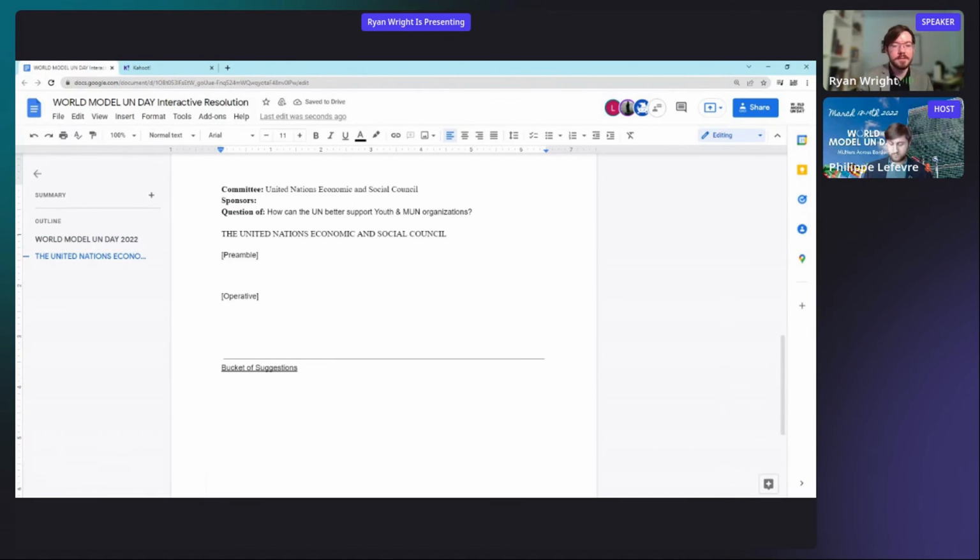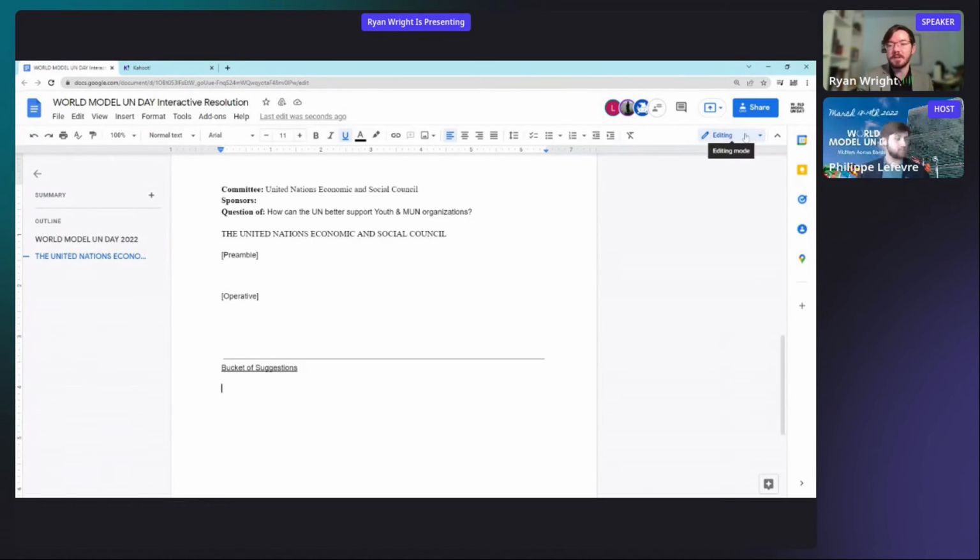And then, so this is where you would put your preambulatory clauses. This is where you're going to put your operative clauses. And remember, everyone can only write one preambulatory and one operative, but if you have a lot of ideas for things that could be put in there, feel free to go to our bucket of suggestions at the bottom and add your suggestions.